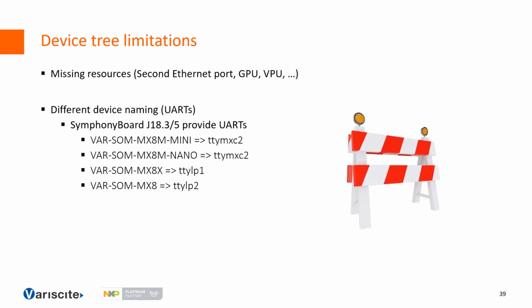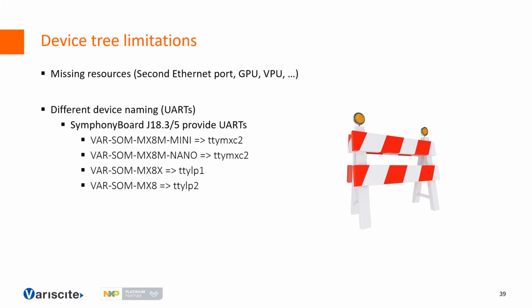Okay, but there are also some limitations. Till now we have referred generally to the GPIO and to the UART, but there are systems on chip that provide a second Ethernet access, GPU, or video processing unit, and not all of them may expose the same capability. Not only that, different devices may have different naming conventions.